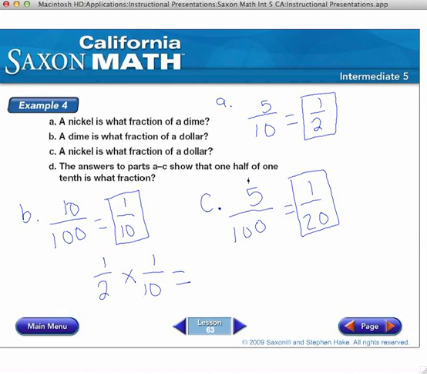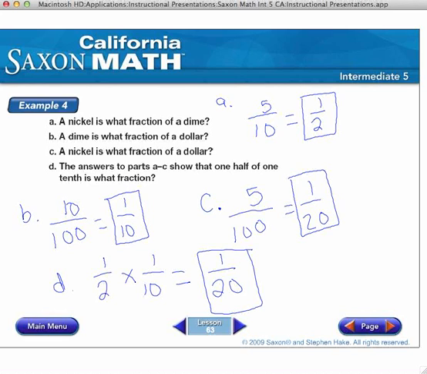So half of 1/10 equals 1 times 1 is 1 and 2 times 10 is 20. So what this is showing is that a nickel is half of a dime, a dime is 1/10 of a dollar, and half of 1/10 is even smaller, it is 1/20th.